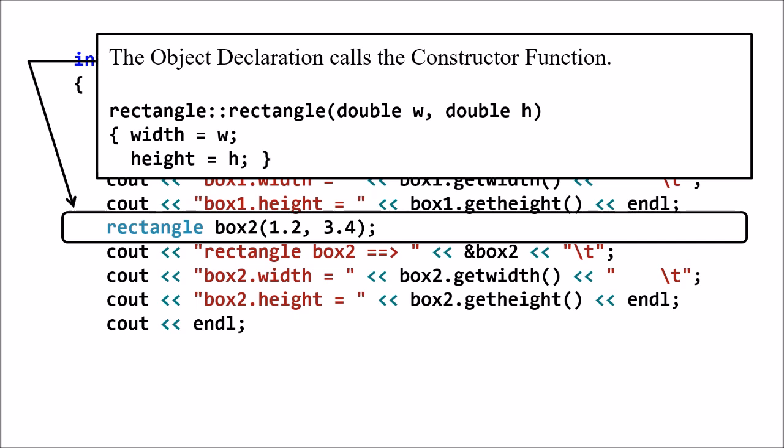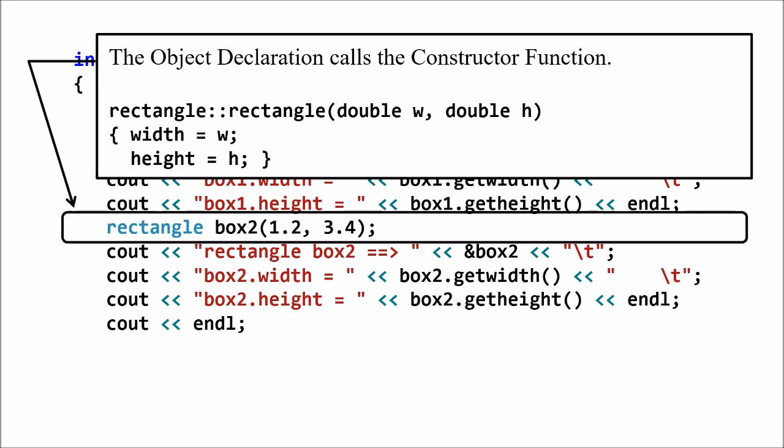So when this function call is executed, the value 1.2 is passed to the function and assigned to the local variable w, and the value 3.4 is passed to the function and is assigned to the local variable h.